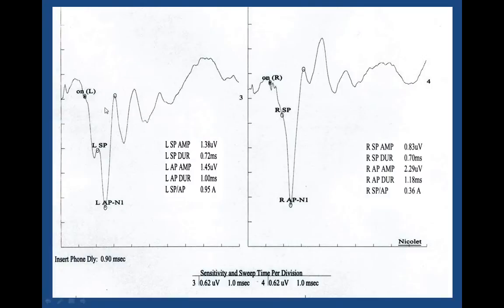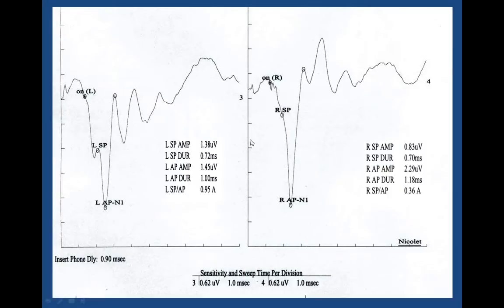So if we get more distortion in the transduction process, a reflection of that additional distortion is in the form of an enlarged summating potential component.